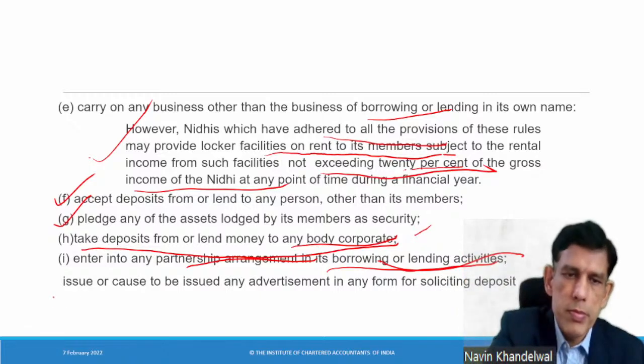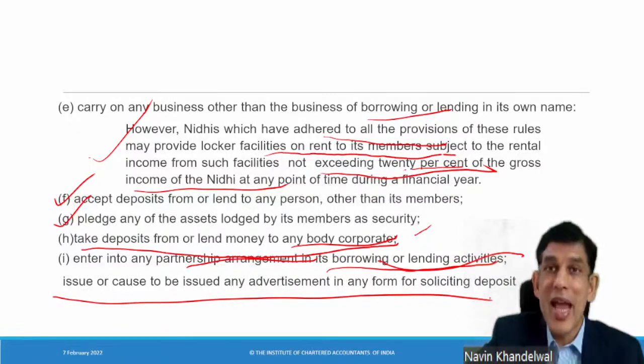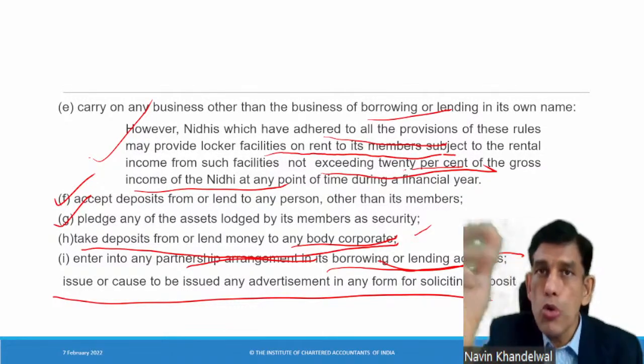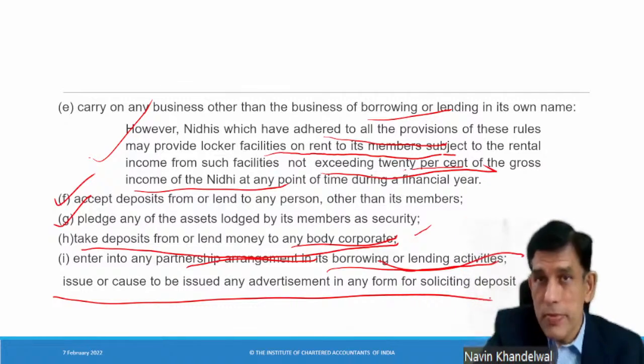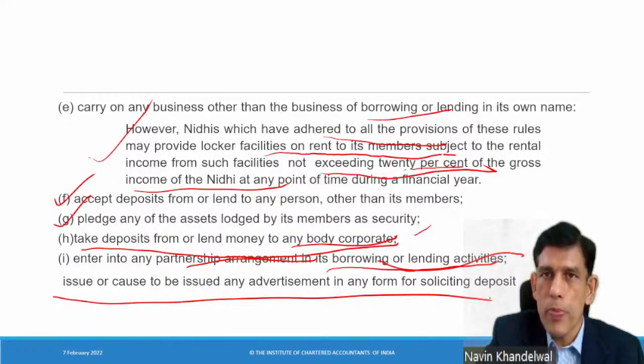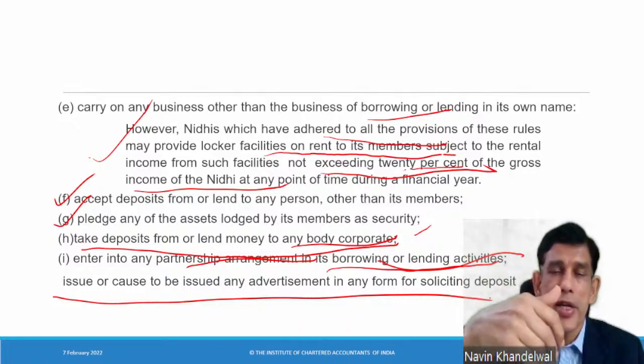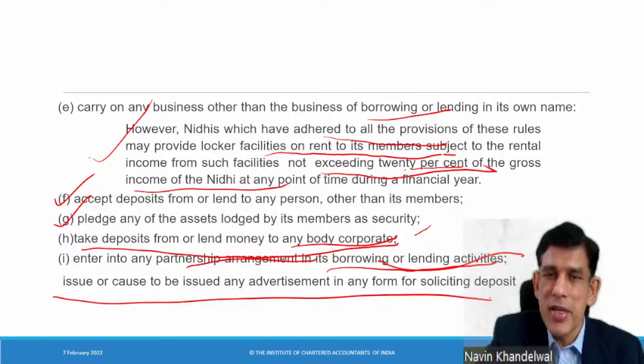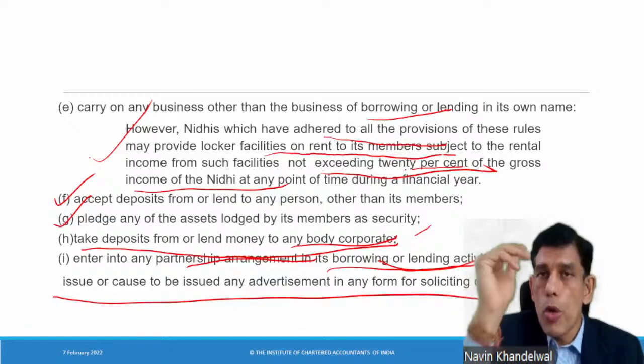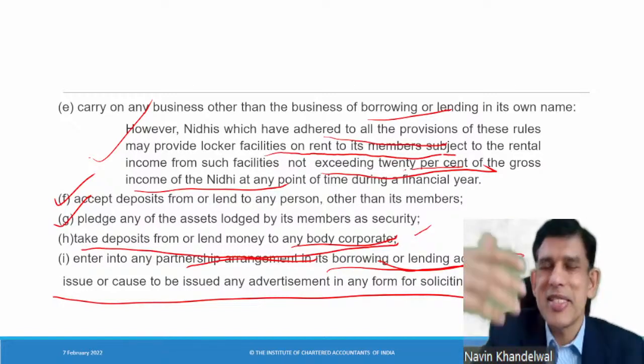So therefore, they will not publish any ad for soliciting deposits. That means, how do they raise deposits now? That is the question. If they are not allowed to take any body corporate, not allowed to enter into an agreement and appoint someone as agent, or do any advertisement, probably it is more through referral business.